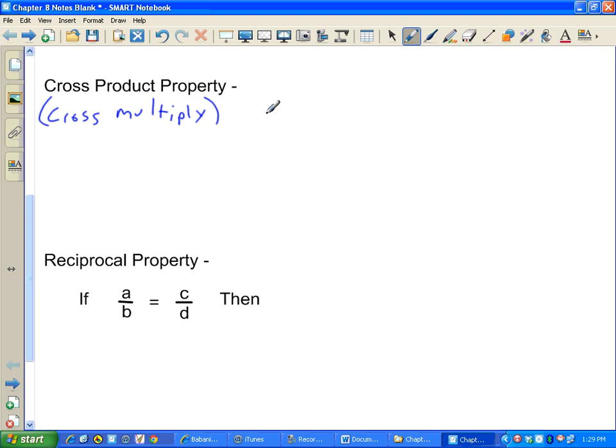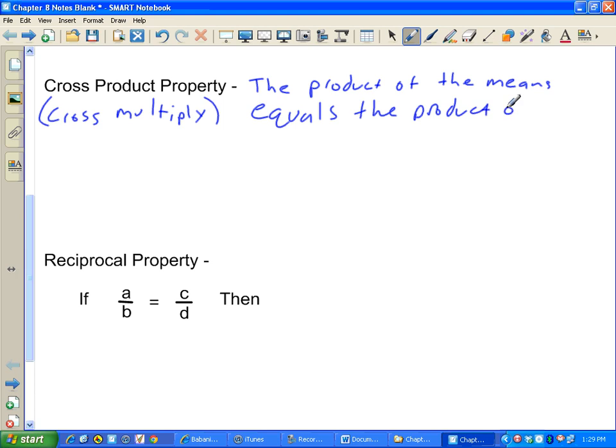If I have a proportion, the product of the means equals the product of the extremes.